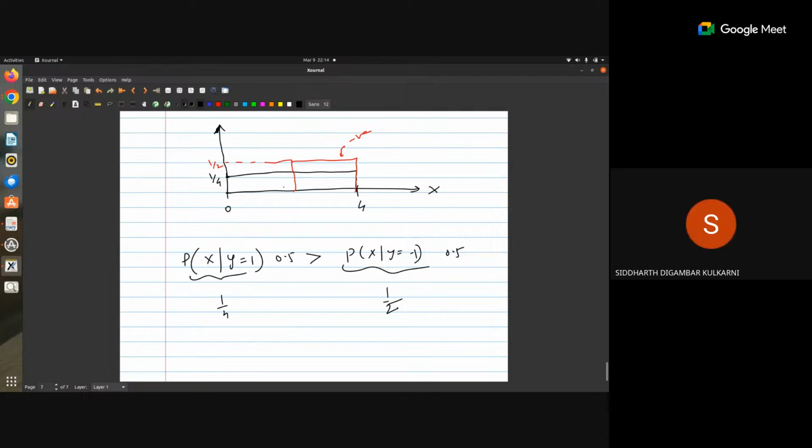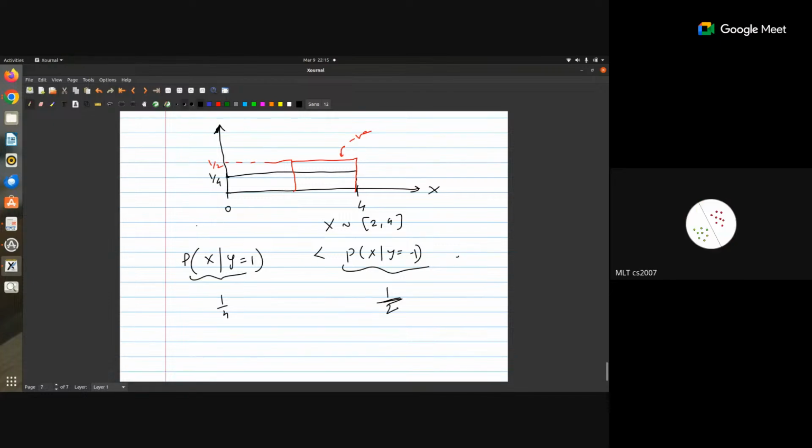Between 2 and 4, this will happen because 2 to 4 is where y equal to minus 1 is, and for 0 to 2 it will happen only when y equal to 1 is there. So when x is between 2 to 4, this is bound to happen, and it will always give me the negative class, minus 1 only.